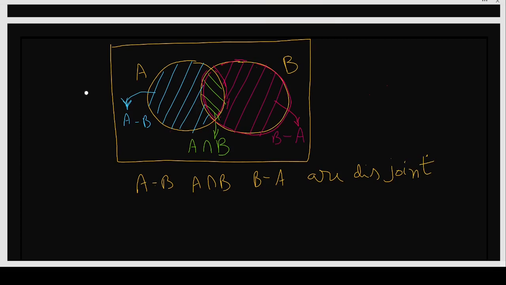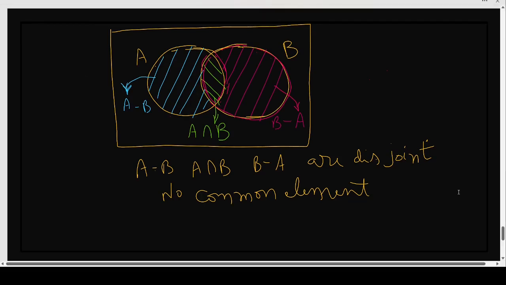That means mutually exclusive, or they have no common element. Also, you can observe, put together, they will be A union B. Agreed? Put together, they join all the elements of A and B.